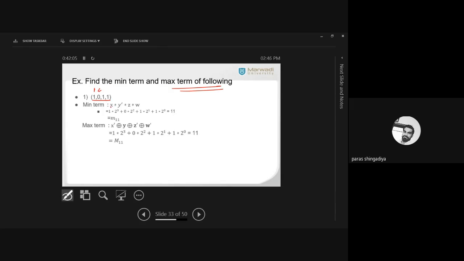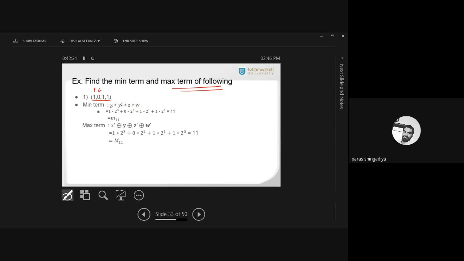So it will be x star y dash star z star w. X means 1, 0 means y dash. Third variable is 1, so it means z, and fourth variable is 1, so it means w.